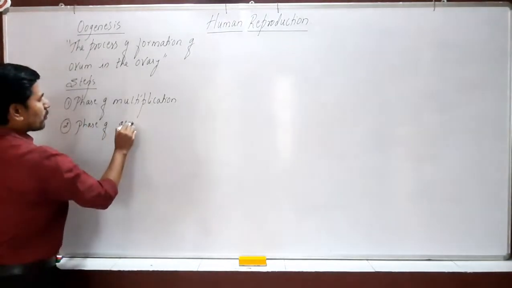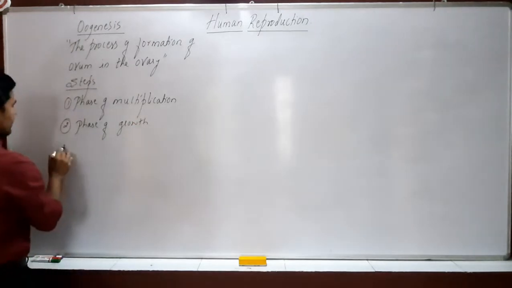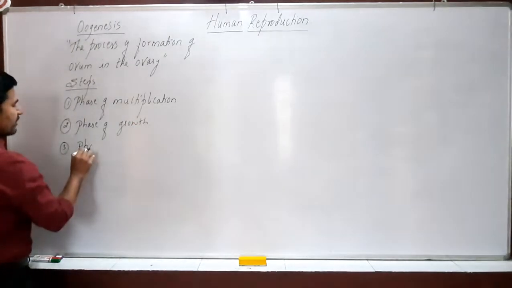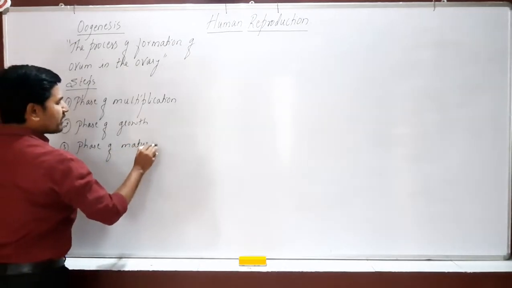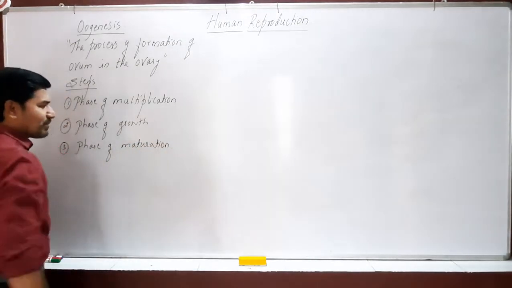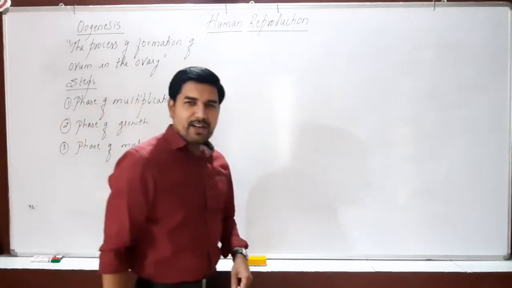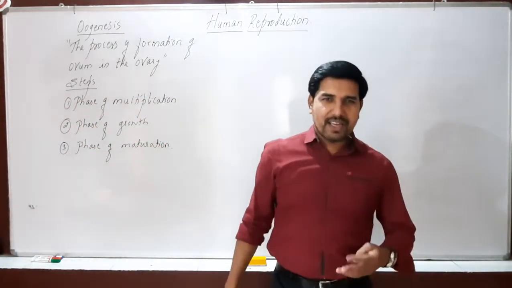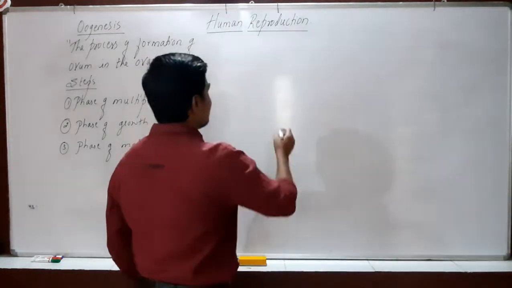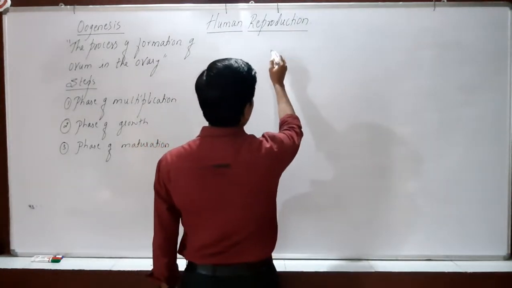The third one is phase of maturation. So we have these 3 steps. Then what exactly is the process of oogenesis? Let's study with a neat schematic representation.